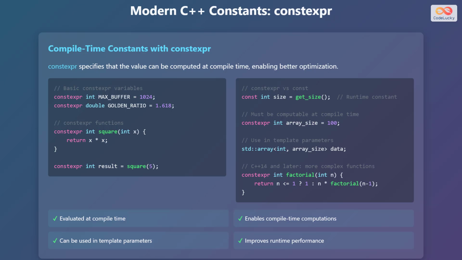C++14 and later versions allow more complex functions to be declared as constexpr. For example, we can define a recursive function factorial(int n) that calculates the factorial of a number. The features of constexpr are that it is evaluated at compile time, enables compile-time computations, can be used in template parameters, and improves runtime performance.